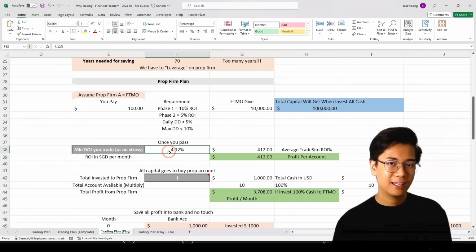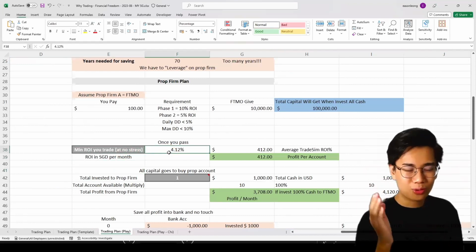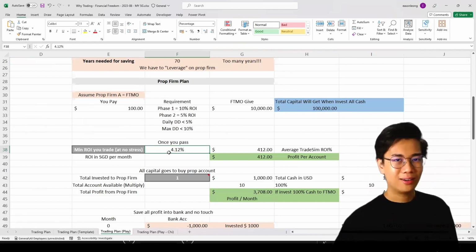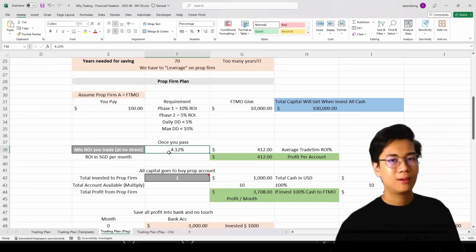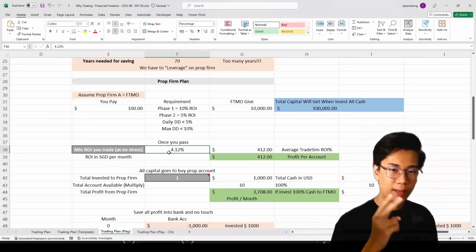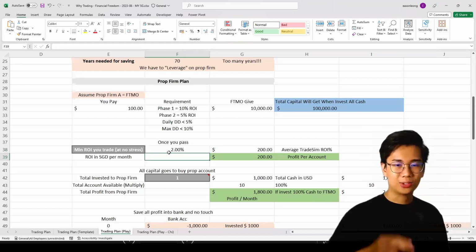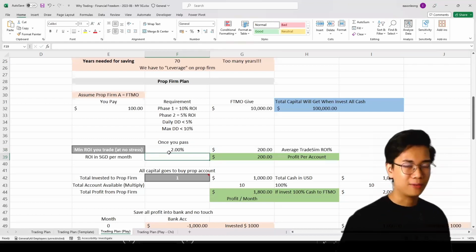Then, what if I give you a discount? All I need is 1 month just 2%. Can or not? 1 month just 2%, meaning that in 1 month I just need to trade $200 profit.